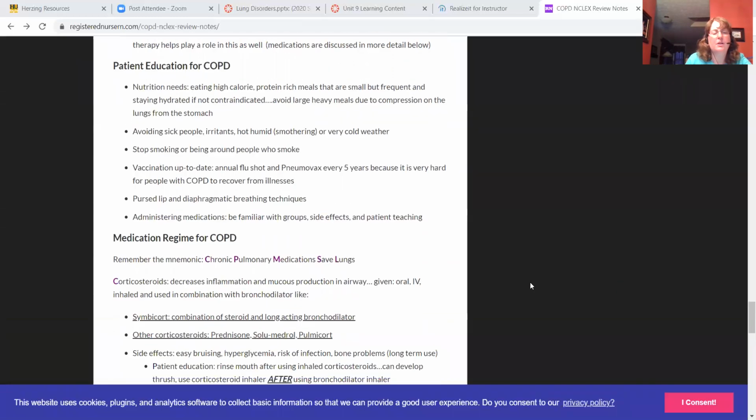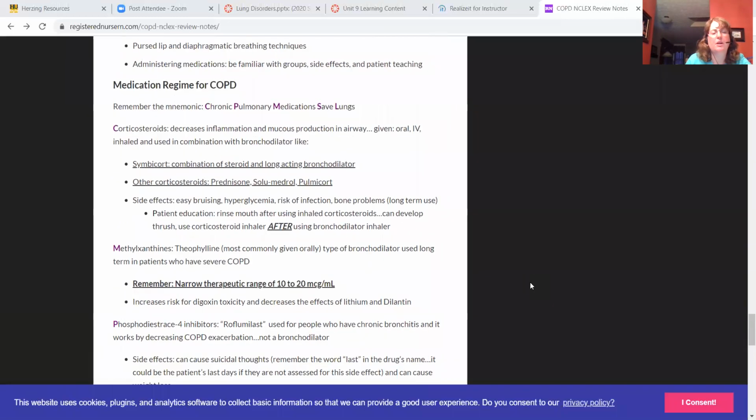Okay, the things that she mentions here about medicines. She says, remember the mnemonic, chronic pulmonary medicines save lungs. So corticosteroids decrease the inflammation and mucus production in the airways. They can be given orally, IV, inhaled, or used in combination with a bronchodilator.